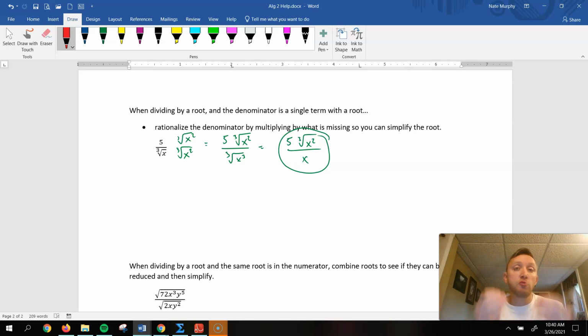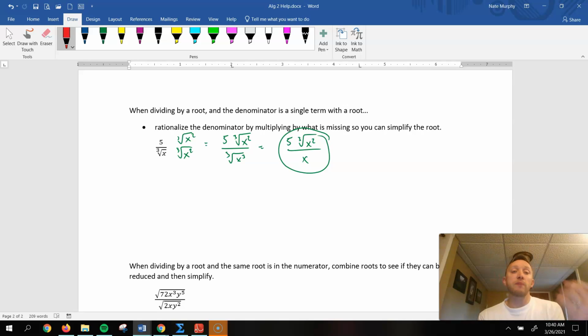You have x-ray vision, you can see what's inside, but you can't do anything unless it's taken out of the box. So don't try to do anything with something inside the root with something outside the root. The x squared under that radical, I can't do anything with. So your final answer is 5 times the cubed root of x squared over x.